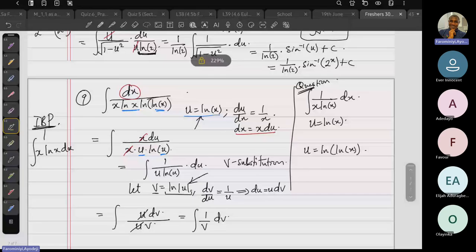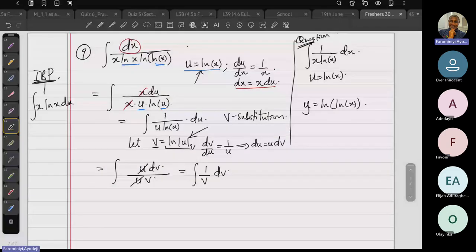So if y is equal to natural log of x, I think the screen is paused again. It's in red. Yes, sir, it's Microsoft Teams, frozen. Yes, it's in red.